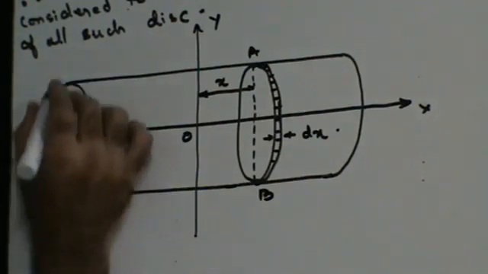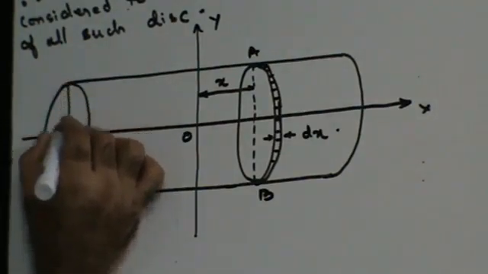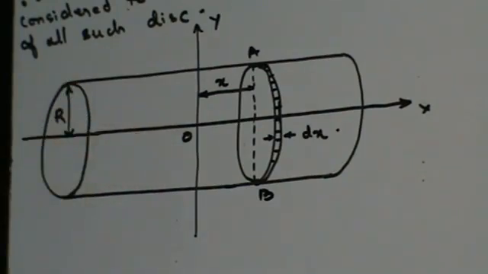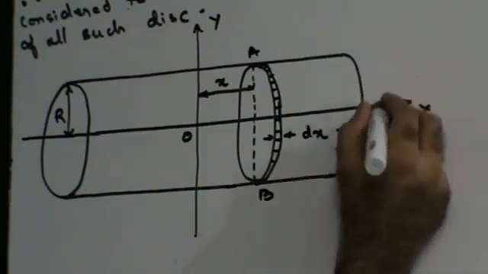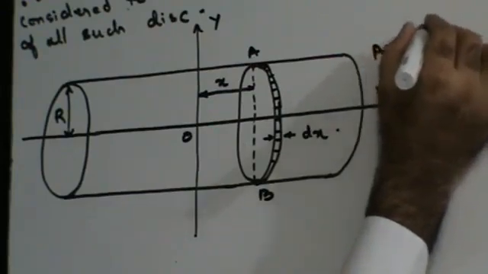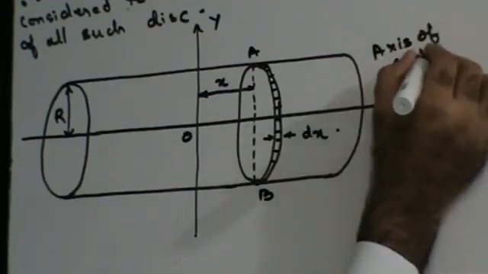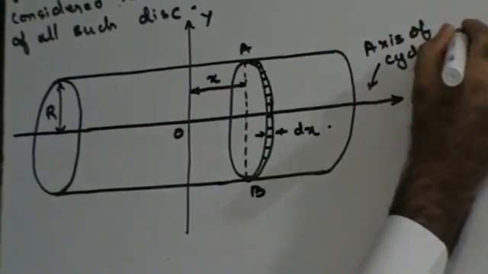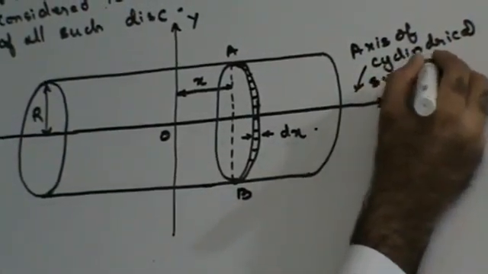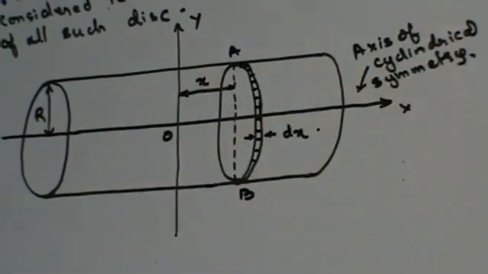Let the radius of the cylinder be r. Now, this is the axis of cylindrical symmetry.